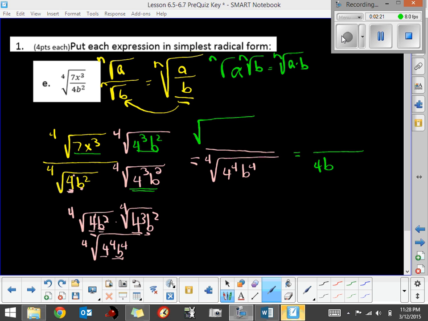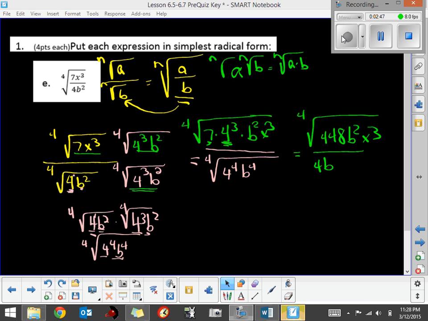So it's going to be the fourth root of 7 times 4 cubed times, and I'm just going to put alphabetical order, b squared x cubed. And then I took 4 and cubed it, that made 4 cubed 64, times 7 gave me a value of 448, then b squared x cubed.